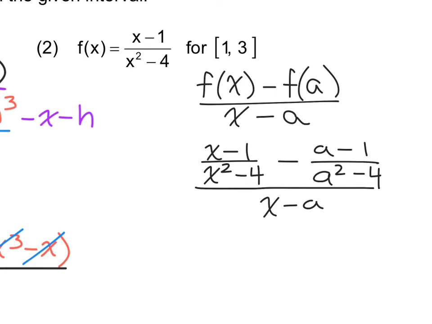So it means you have to do like common denominators and keep, change, flip, and things like that. All right, so you just got to kind of grin and bear it. Top and bottom by a squared minus 4.